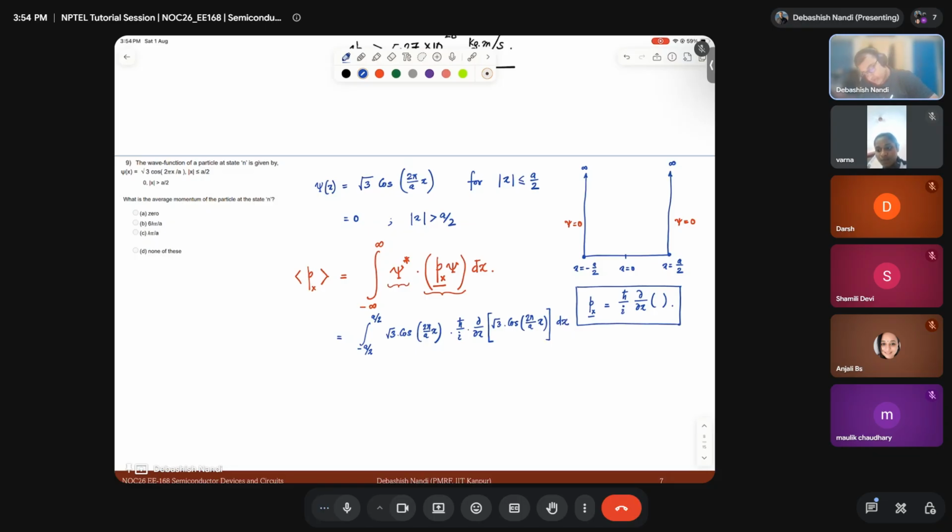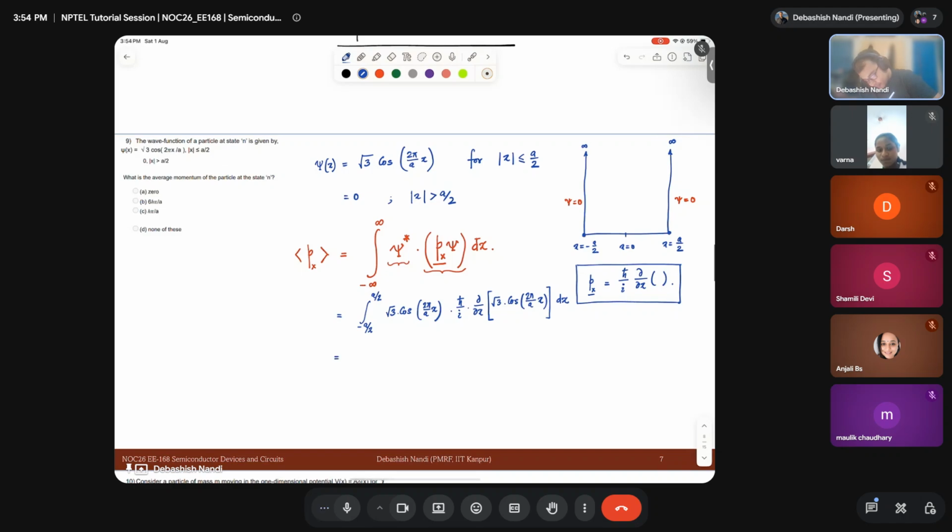Fine. So let's solve it. So let's bring out the constant outside first. So there is a square root 3. So 3 h bar by i, integral from minus a by 2 to a by 2.